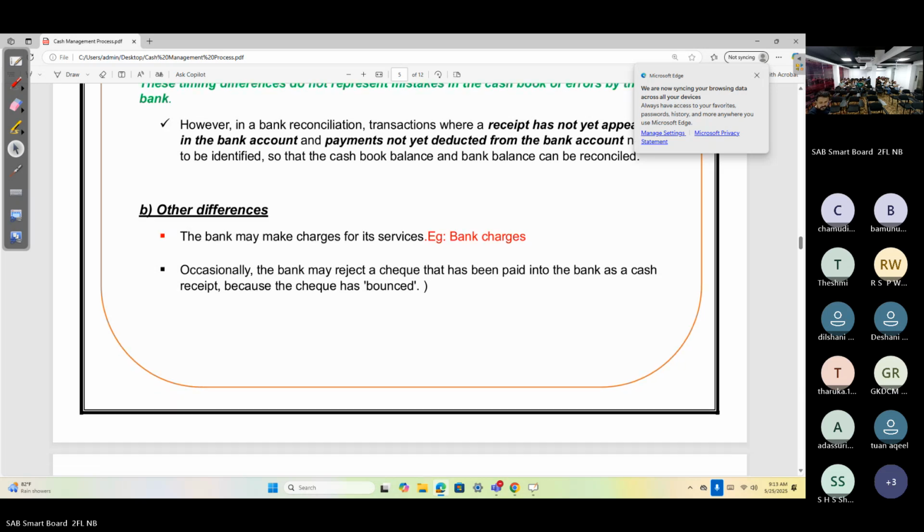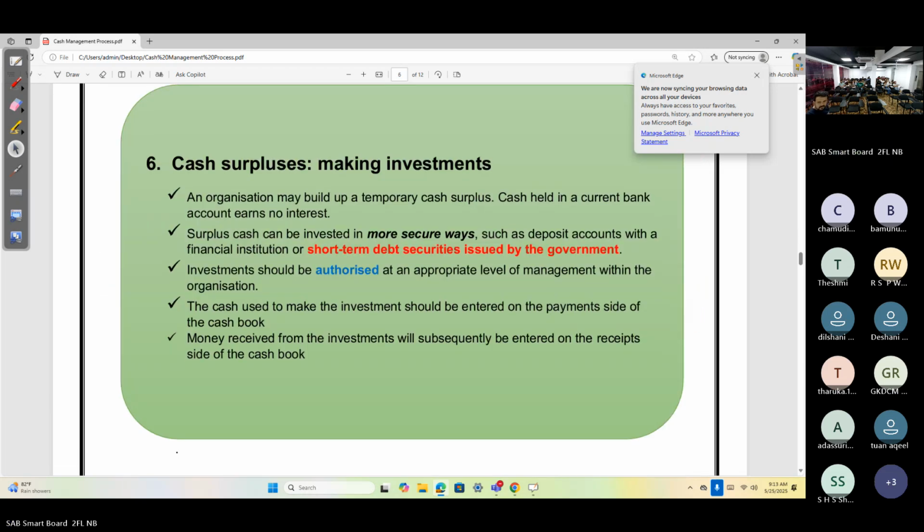Okay, so next topic: cash investment, meaning surplus investment. The concept of this topic is, if you have excess cash, as I explained in the last class, a current account will not give interest income, but still organizations keep money in current accounts.